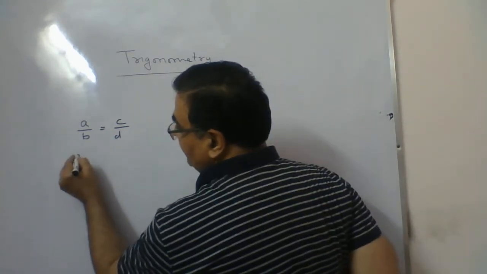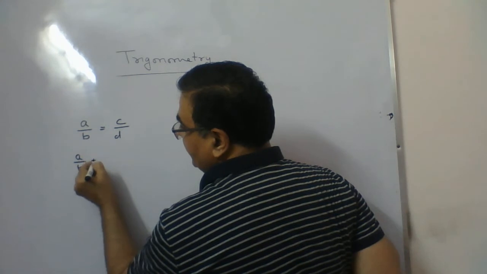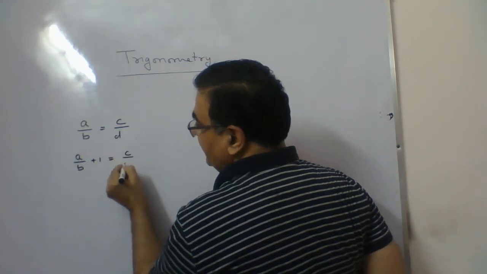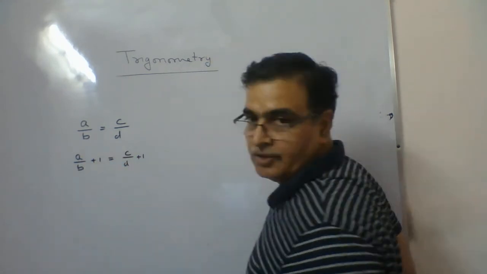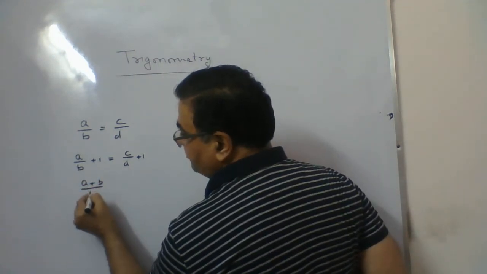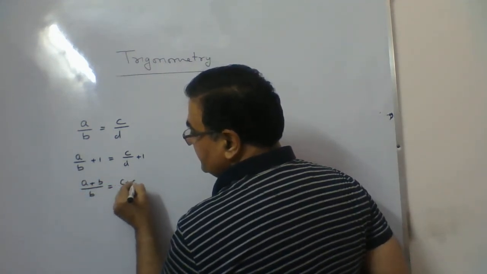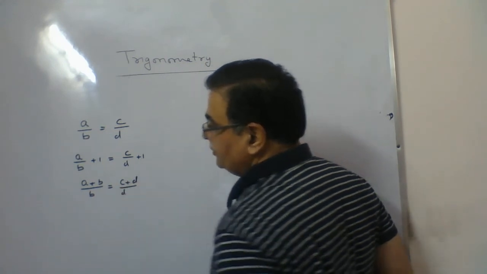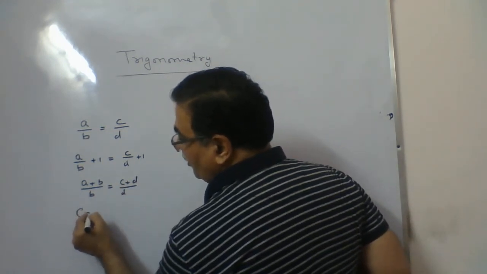First is, if A by B, I add 1 on this side, and C by D plus 1. Adding 1 on both sides, I'll get A plus B by B is C plus D by D. This step is called componendo.